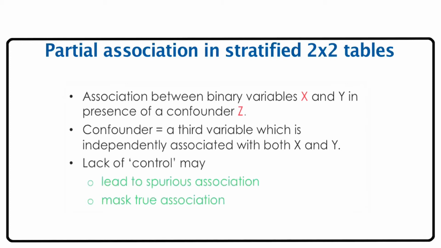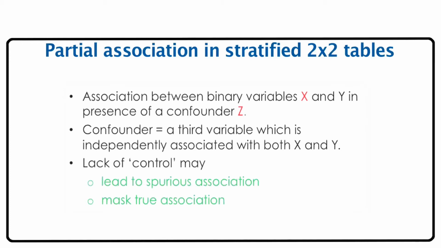Thus, age might be a confounder between lung cancer and smoking because we can hypothesize that smoking behavior is related to age and the probability of lung cancer is also related to age.